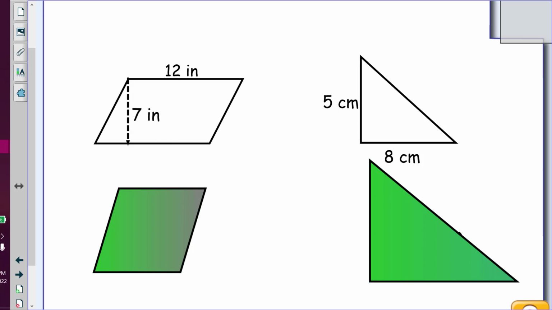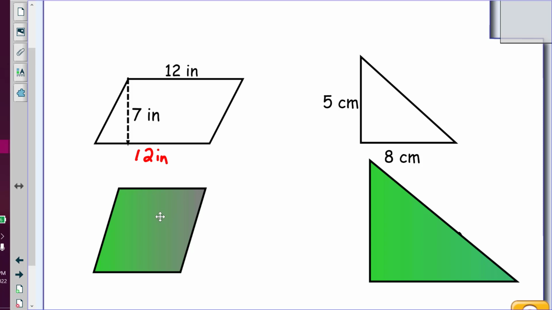This one is the base, but it doesn't say what it is. However, with the parallelogram, one side is congruent to the side directly across from it. So since this side is 12 inches, that means this side is also 12 inches. So there, we figured out our base, which is 12 inches. Our height is 7 inches.